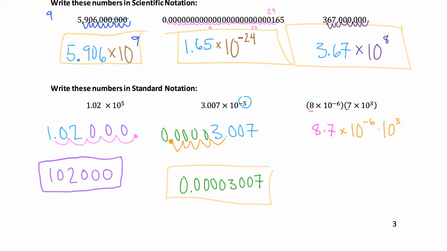Because all that's happening here is multiplication. So I end up with 56 times 10 to the negative 3. So that means I take that 56 and I'm going to move the decimal 1, 2, 3 points to the left. Have some zeros.